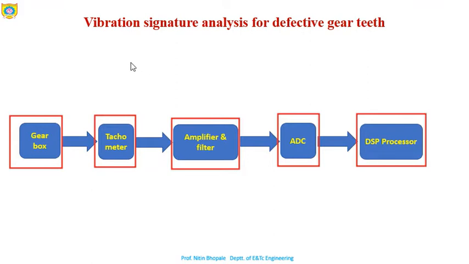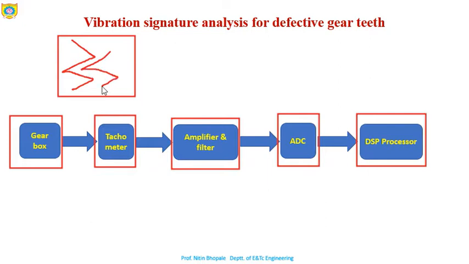Let's see, for example, as we have seen in the earlier case, this is the simple arrangement for the upper gear. Let's say this is the upper gear. For this proper gear I will have specific values.